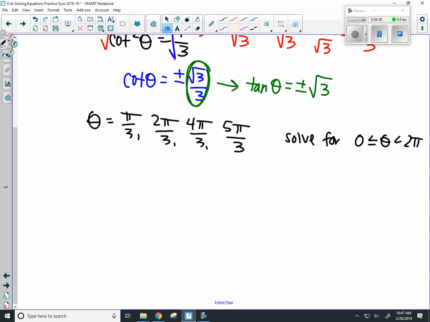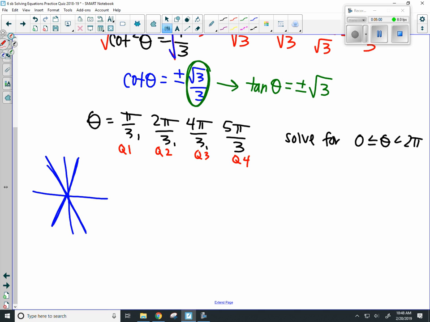So you might find it helpful to label your quadrants. And the thing about these angles is, let's see here, pi over 3 is here, 2 pi over 3 is here, 4 pi over 3, and 5 pi over 3.